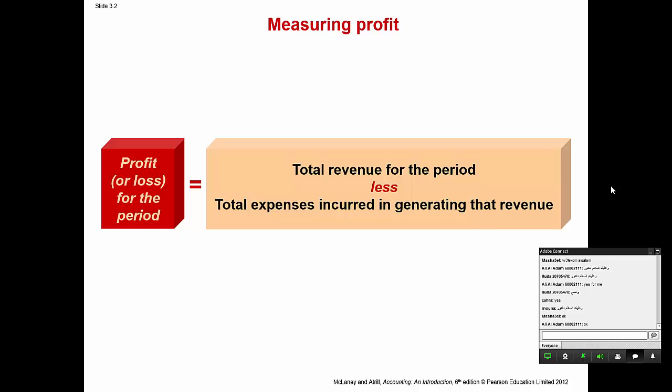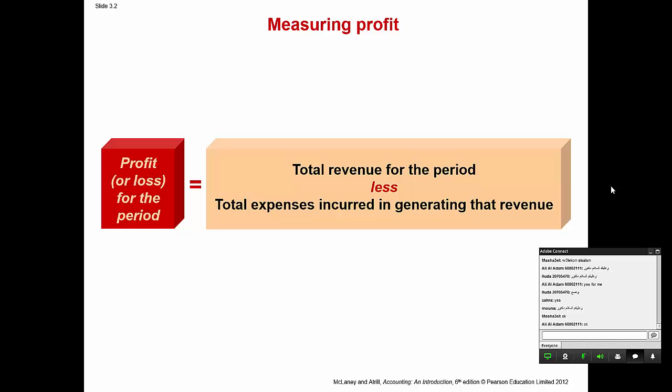Sometimes we lose in the business, because, for example, some of the organizations have more cost than revenue. Overall, we can calculate the profit or the loss which exists in the income statement.